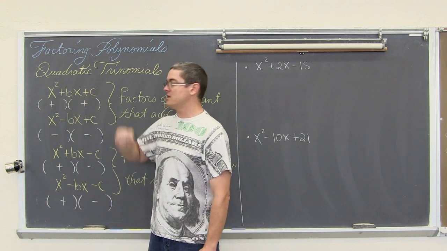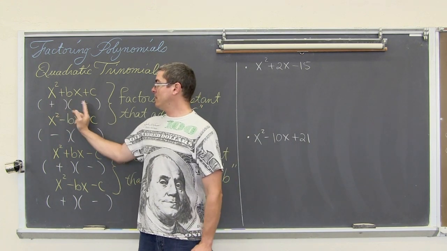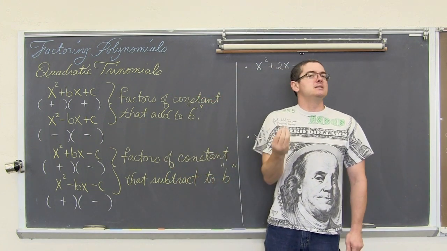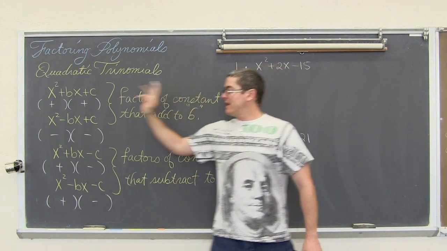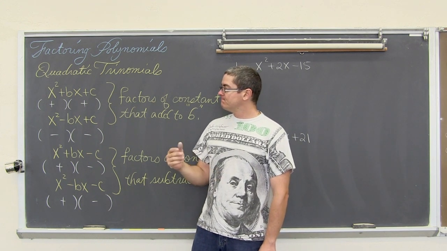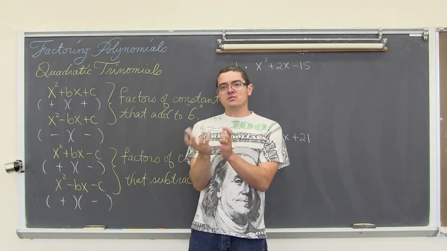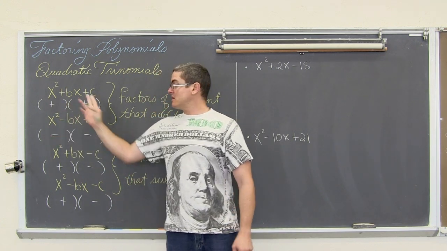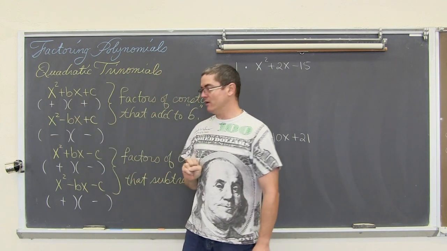If your middle sign is positive and your constant is positive, when you get your trinomial in factored form, if it indeed even factors, then you're going to have two positives inside your two factors. And because these are going to factor into two, this trinomial is going to factor into two binomials.